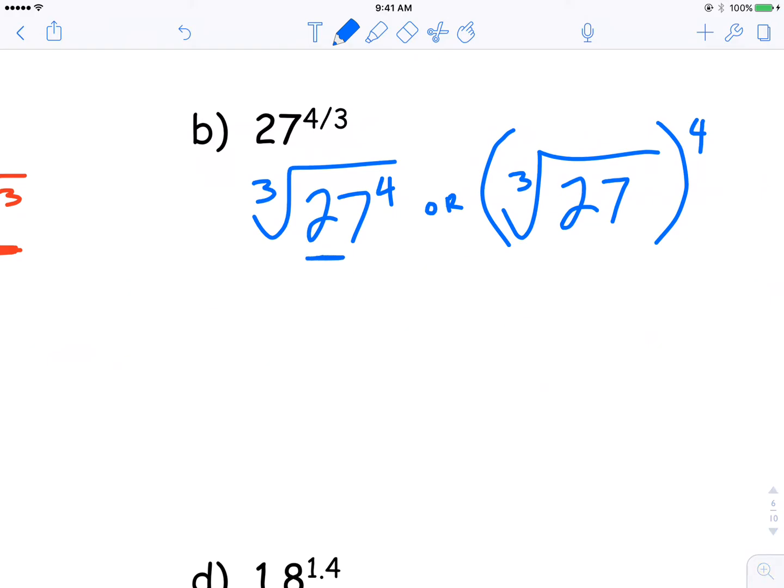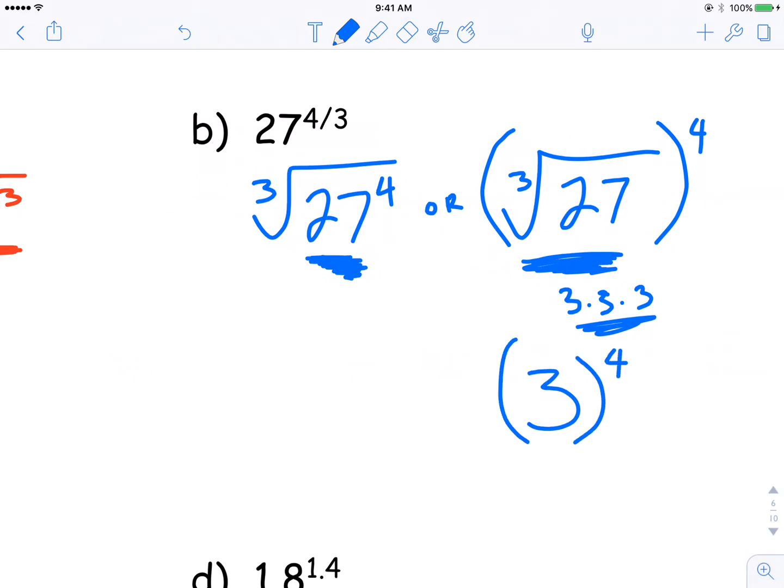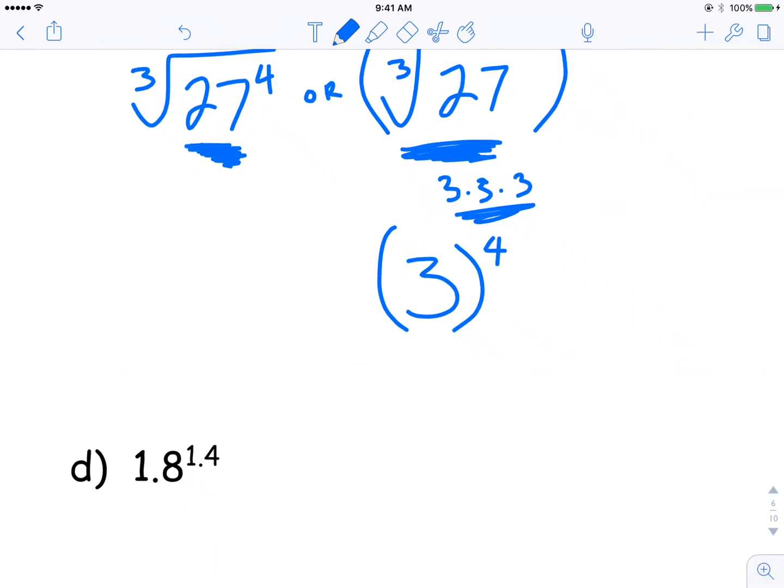Now, if I were to raise 27 to the power of 4, 27 times 27 times 27 times 27, I'm going to get a massive number that I'm going to have to find the cube root of. Or, because I know what the cube root of 27 is, which of course is just 3 times 3 times 3, well, there's my group of 3. The 3 comes out. The cube root of 27 is just 3. Well, 3 to the power of 4 is 3 times 3, which is 9, times 3 is 27, times 3 is 81.